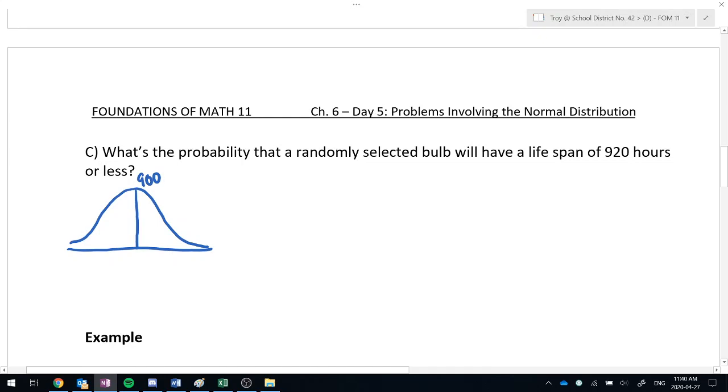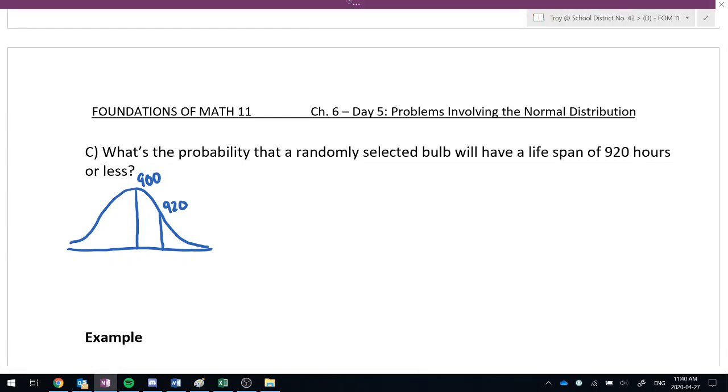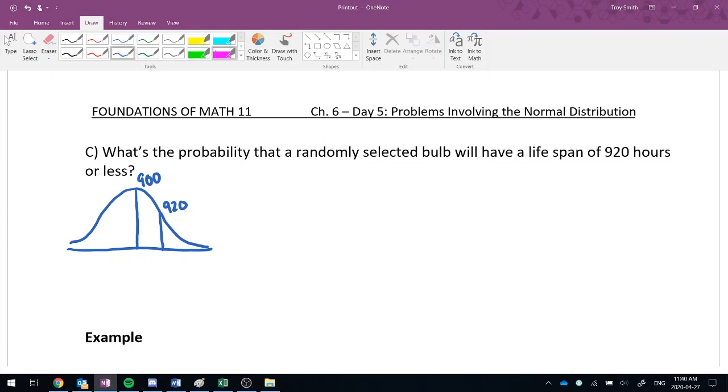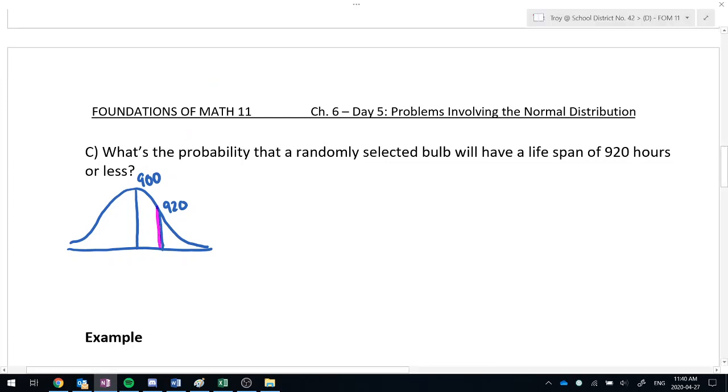So 920 is going to be over here somewhere, right? And if it's asking for a lifespan of 920 or less, that's going to be from here over, right? So now, of course, we're going to be interested in this area.